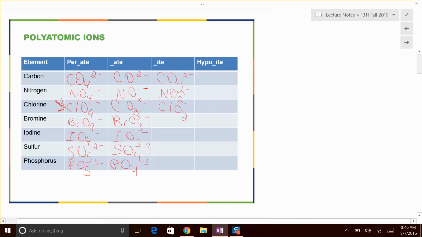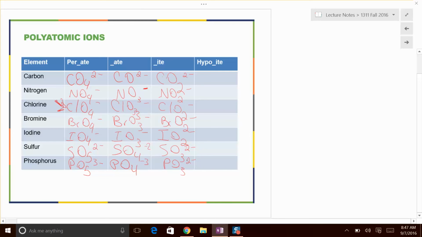Do you see how the charge stays the same? You don't ever change the charge, you only change the number of oxygens. BrO2 minus, IO2 minus, SO3 2 minus, PO3 3 minus.